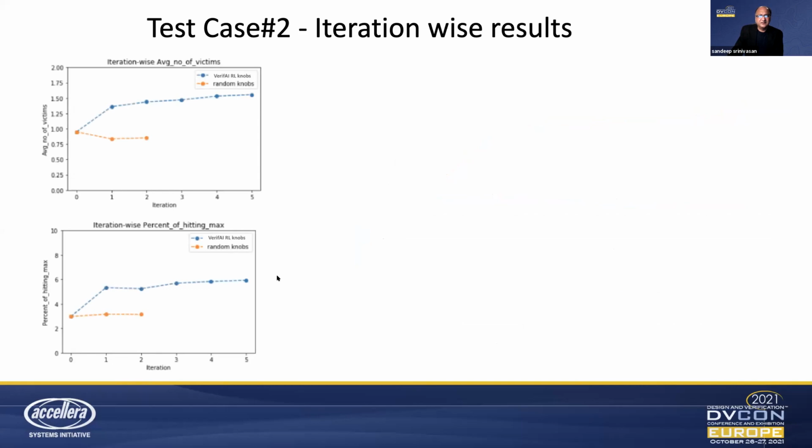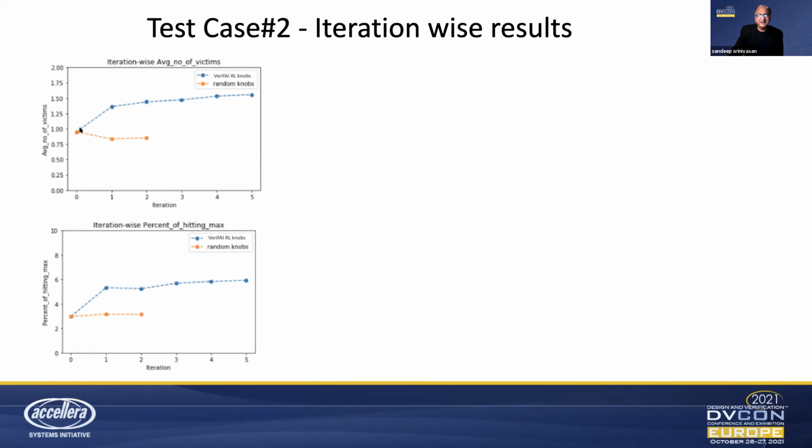So these are some of the results from case 2. This is the iteration-wise average number of victims. The x-axis is iteration, and the average victim buffer count is on the y-axis.